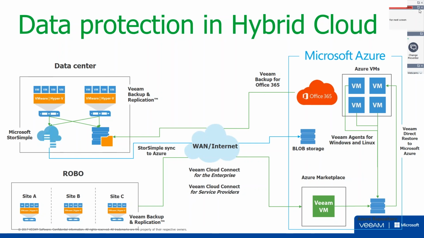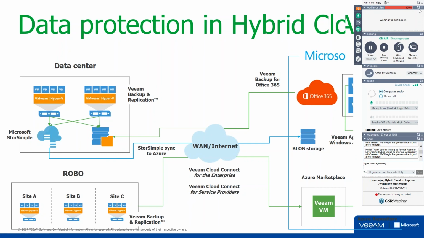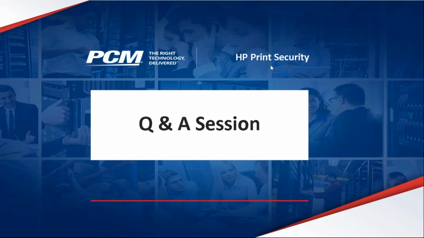We frankly could probably run a whole series of webcasts talking about data protection and hybrid clouds and the different options and opportunities that are out there. These are ones that we've talked about today. We've talked about backing up on-premises data centers. We've talked very little about remote office, branch office possibilities. We've focused heavily on Veeam Backup for Office 365.